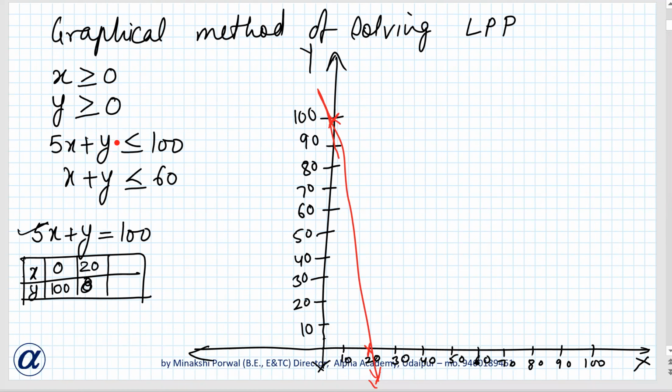This equation is true. For 0, 0 the equation is true. That means the shaded portion will be this portion. Are you getting? Yes, ma'am.